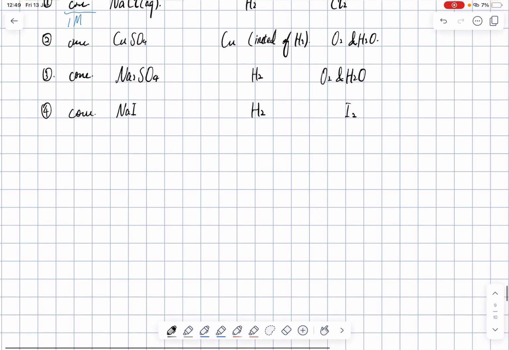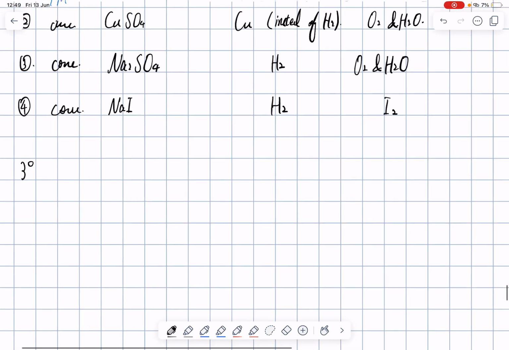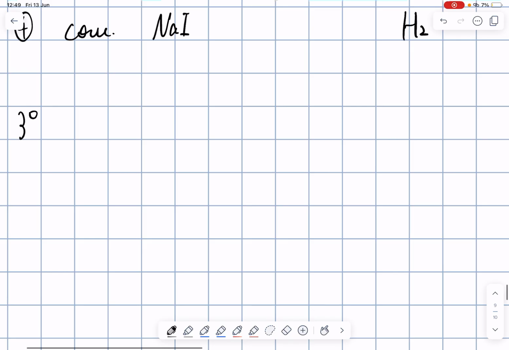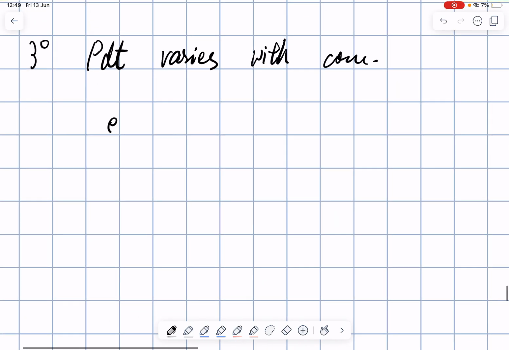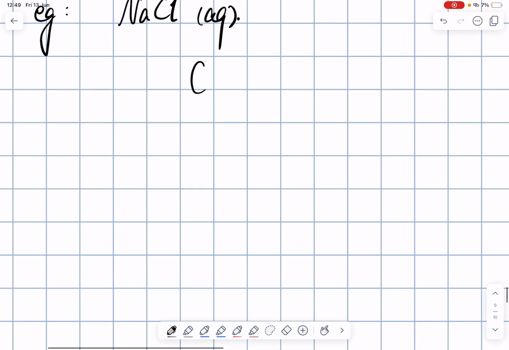And here we have a trickier part. Products vary with concentration. A good example will be sodium chloride. Alright, cathode here and anode here.